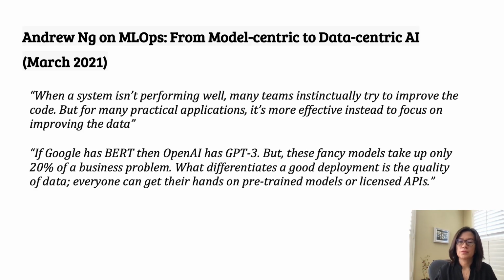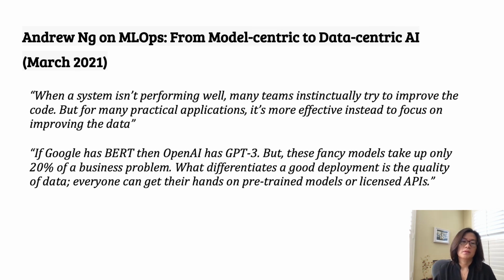I'd like to bring your attention to the following ML Ops interview by Andrew Ng, recently in March 2021. In that discussion, he encouraged people to take a more data-centric view of AI than a model-centric view of AI, because there is better chance of improving the overall performance of a model if one improves the quality of data. I put here two quotes from that discussion.